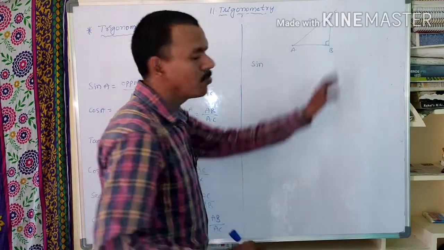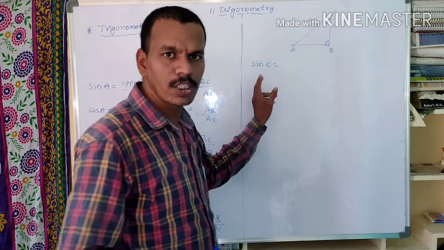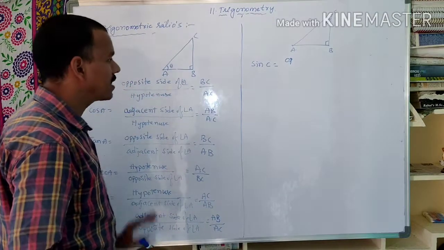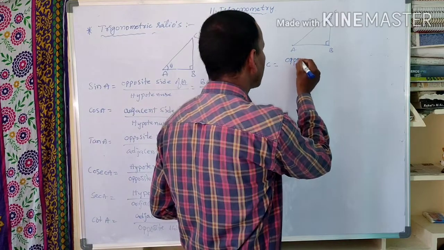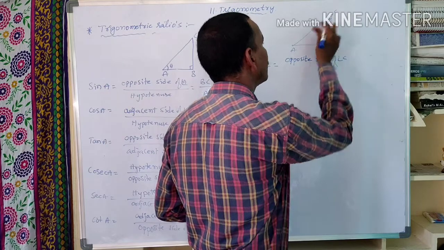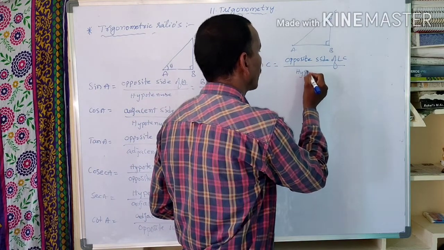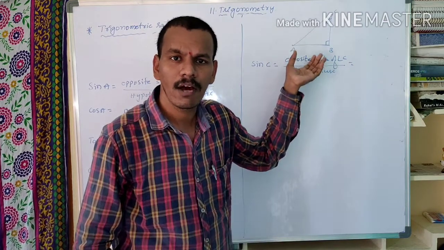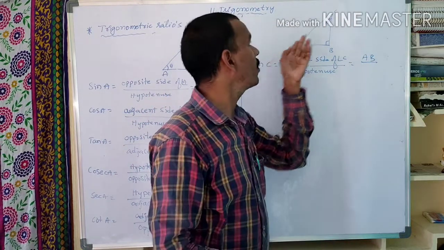Not sin A, because the given angle is at C. So sin C is the opposite side of angle C, not angle A, by the hypotenuse. The formulas are the same, but the sides change. The opposite side of angle C is AB, and the hypotenuse is AC.